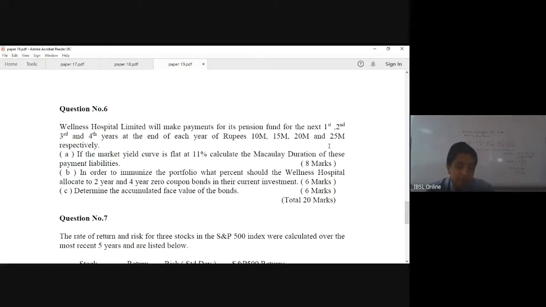We have 10 million in the first year, so the present value would be 10 divided by 1.11, so 9.009. That is the present value of the cash flow. Then 15 million is the second year. So you have to note it down on the worksheet, and I will put a worksheet on the board.